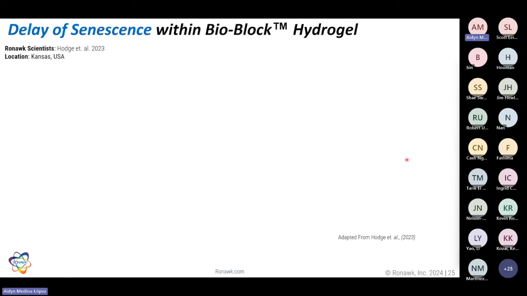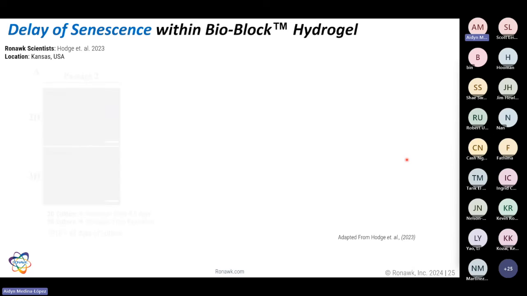So some of the things that we have been testing is for that delay of senescence. And what I mean by that is making sure that the cells are not getting old and not working properly. This is some of the research that we have done in-house over the past couple years.